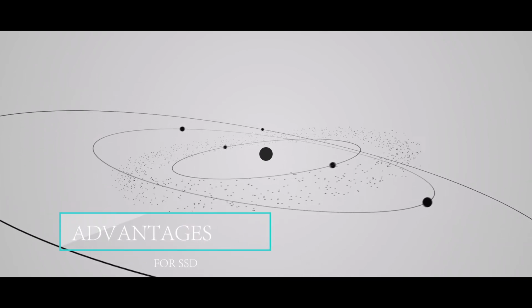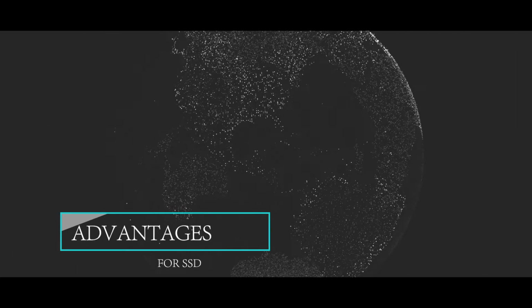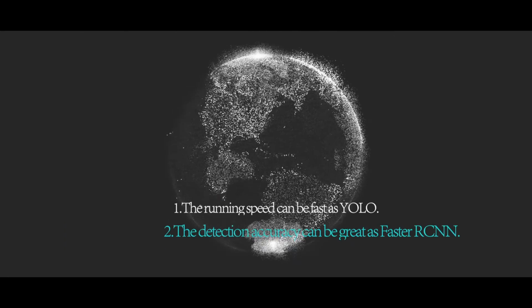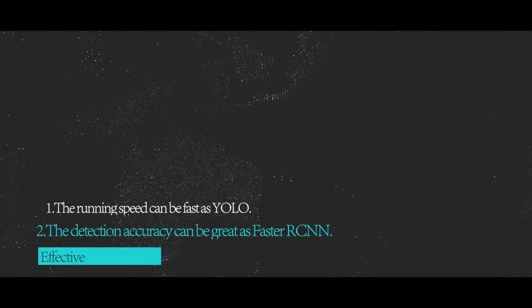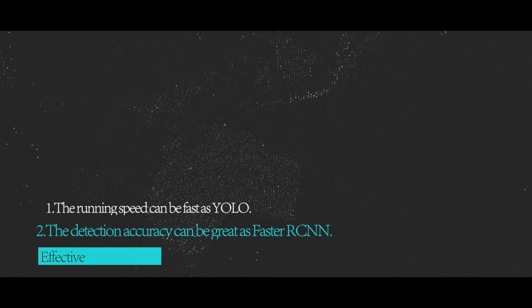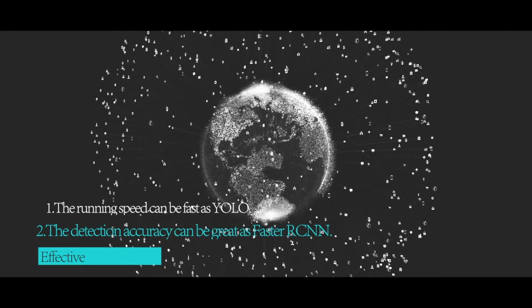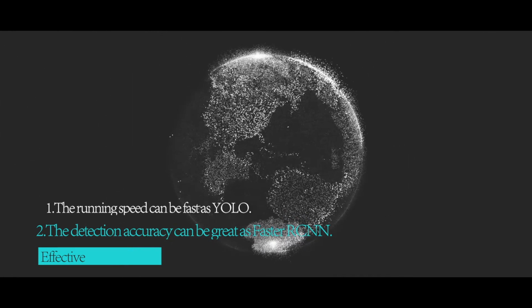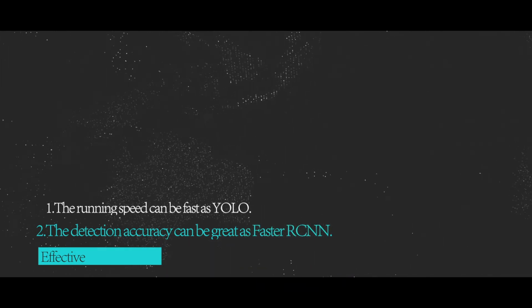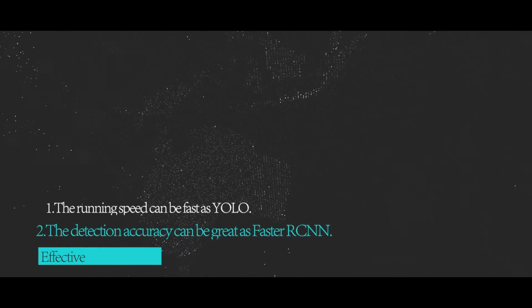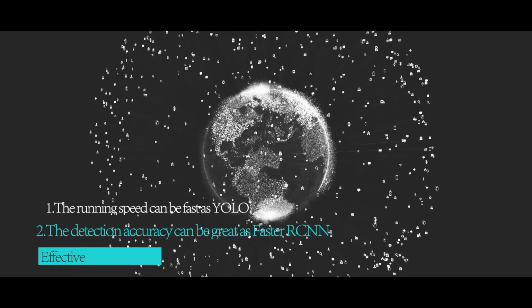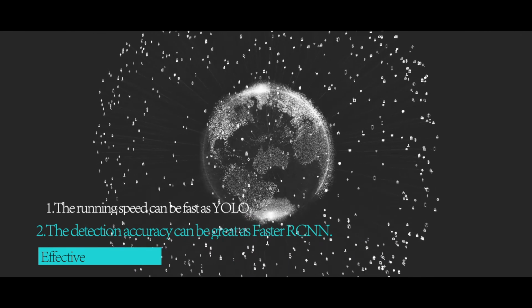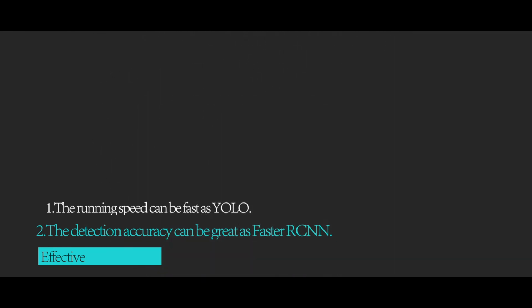This part is about pros and cons of SSD. First is the pros. First, the running speed can be as fast as YOLO, and the detection accuracy can be as great as Faster RCNN. And SSD is effective for detecting objects with different aspect ratios. This is because the algorithm uses multiple aspect ratio default boxes for each feature map cell.